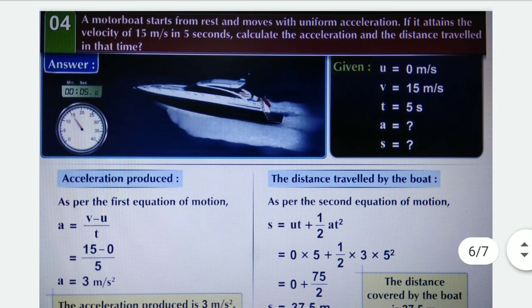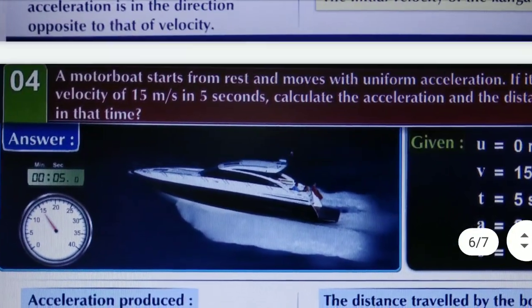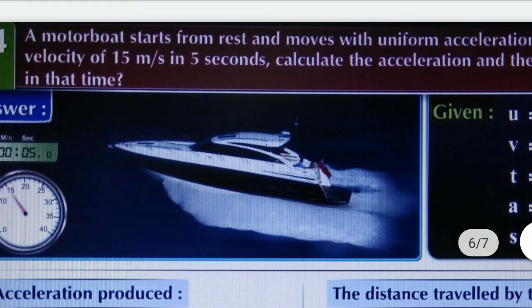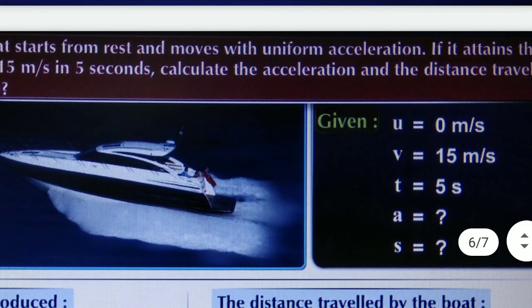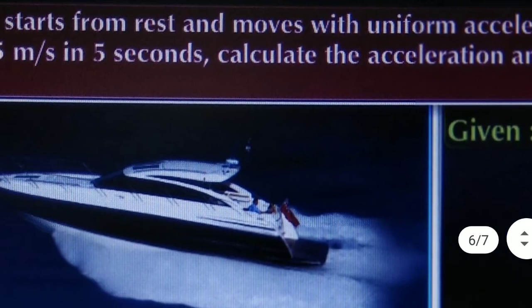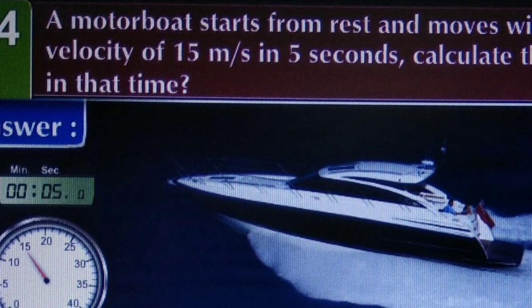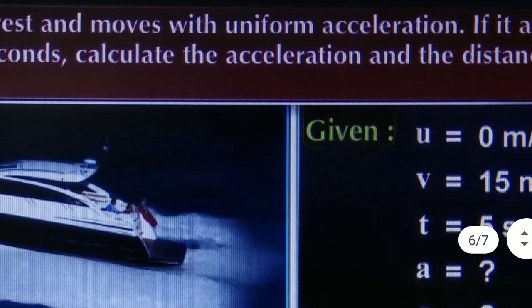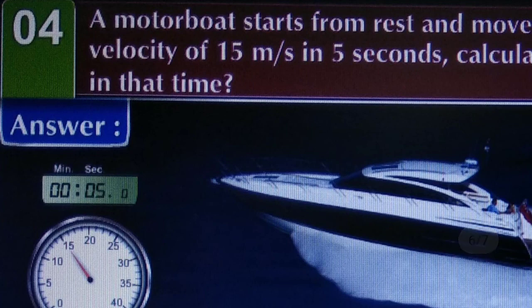Let us see the next example. What is the example? A motorboat starts from rest and moves with uniform acceleration. If it attains the velocity of 15 meter per second in 5 seconds, calculate the acceleration and the distance traveled in that time.